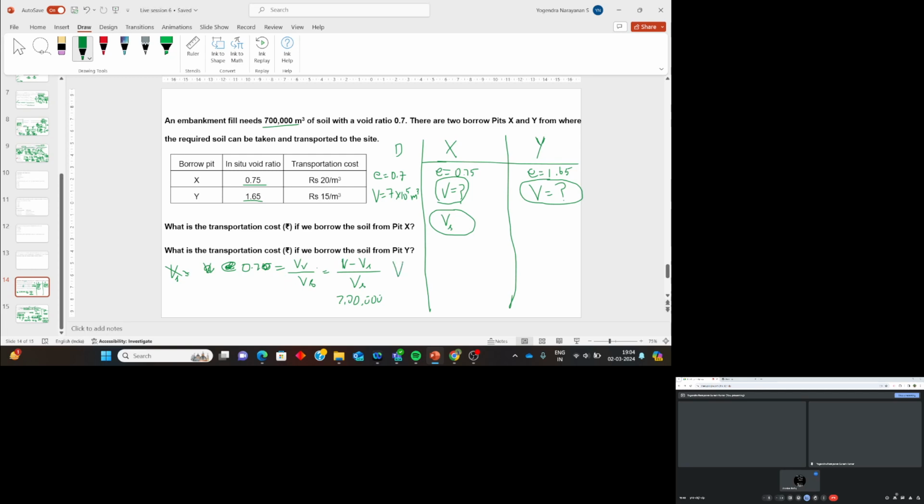Now you know the total volume of solids. Now with the same formula, you calculate the volume needed for X and the volume needed for Y. Now what you know: Vs you know, V you don't know, e you know for both the cases.